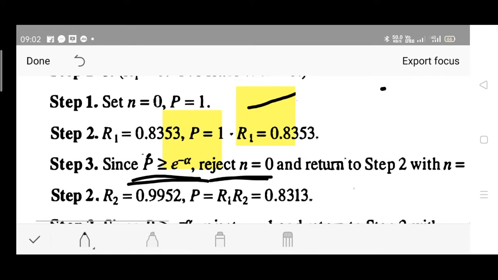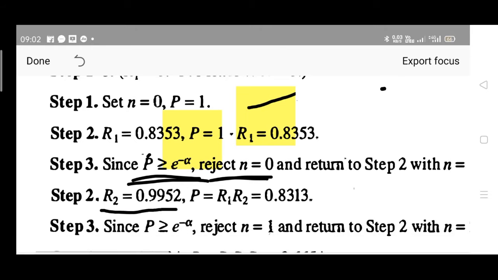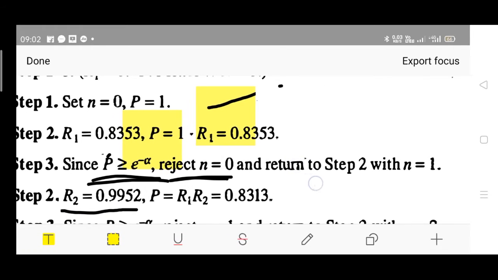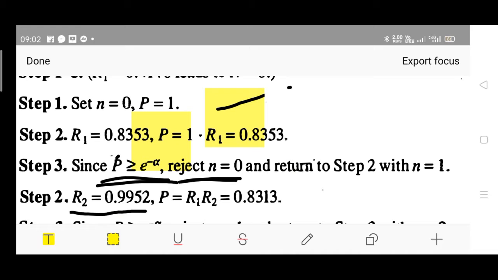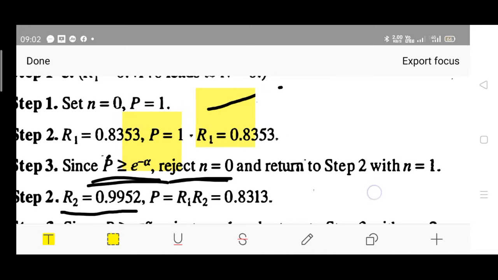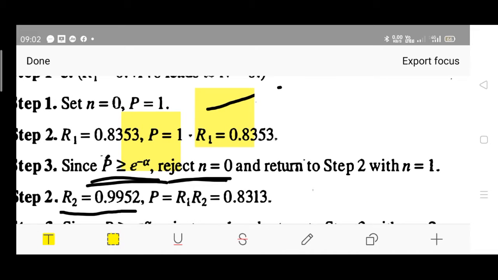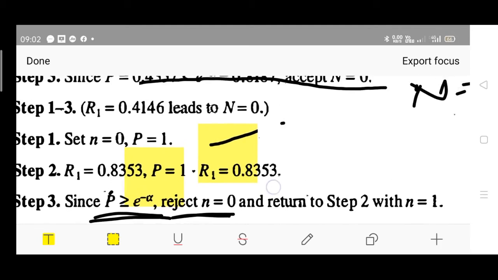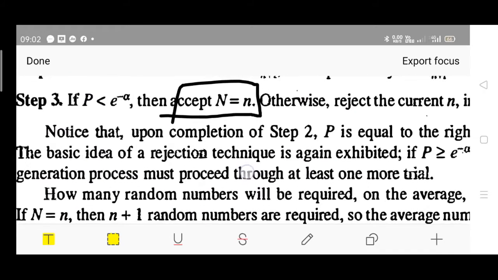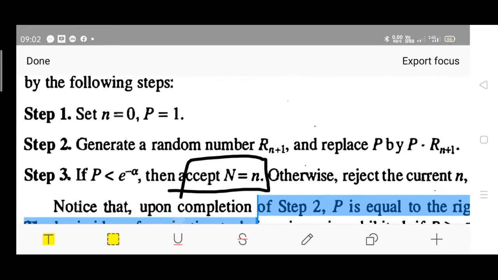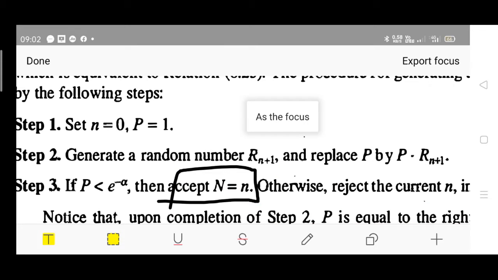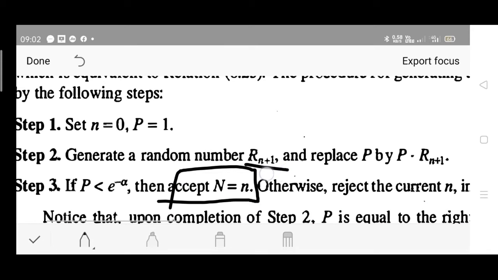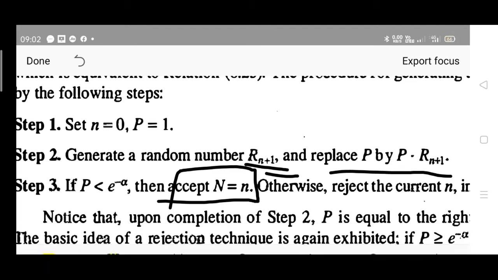What you are doing at step 2? So at step 2, what is done? Check here. With n equal to 1, you are supposed to generate a random number r of n plus 1, that is r2, and replace p by p into r of n plus 1.